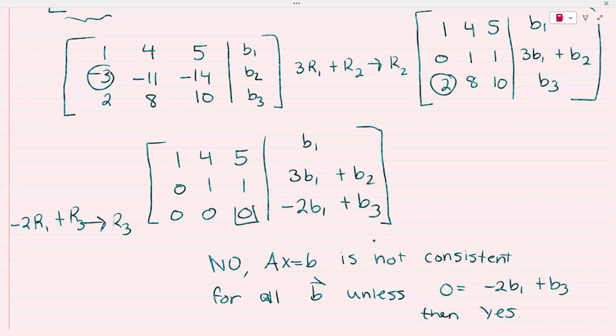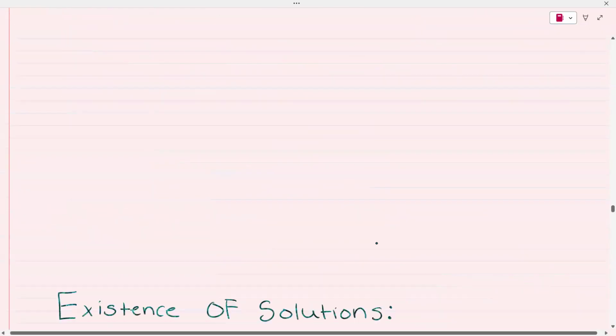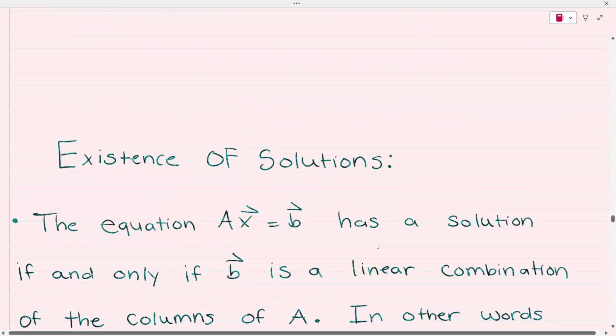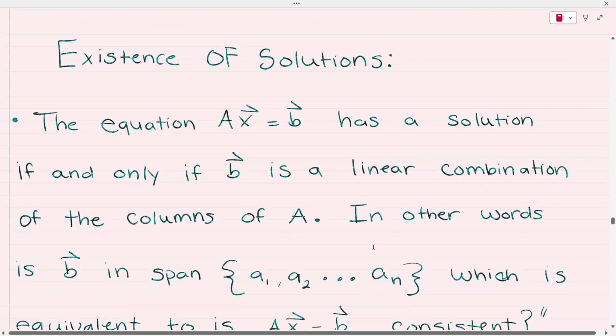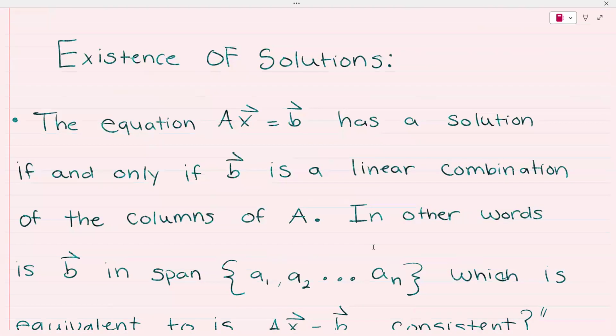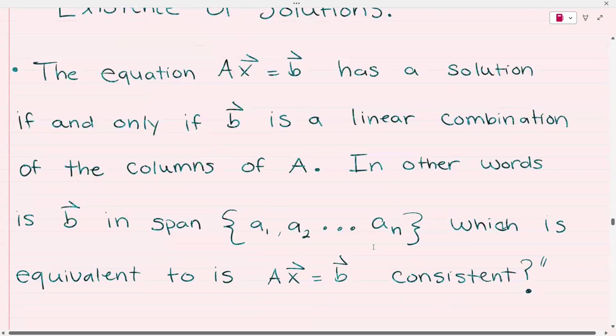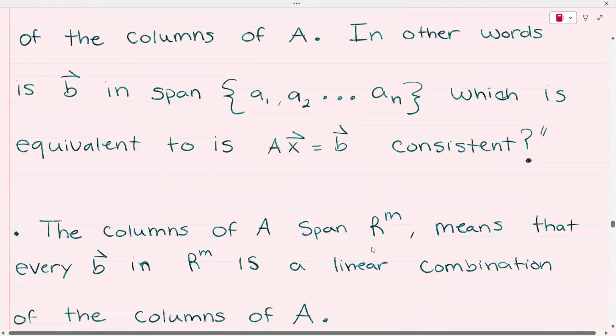Let's move on to existence of solutions. So it's just more theorems. The equation A times vector x equals vector b has a solution if and only if vector b is a linear combination of the columns of A. In other words, is vector b in the span of that, which is equivalent to A times vector x equals vector b being consistent.